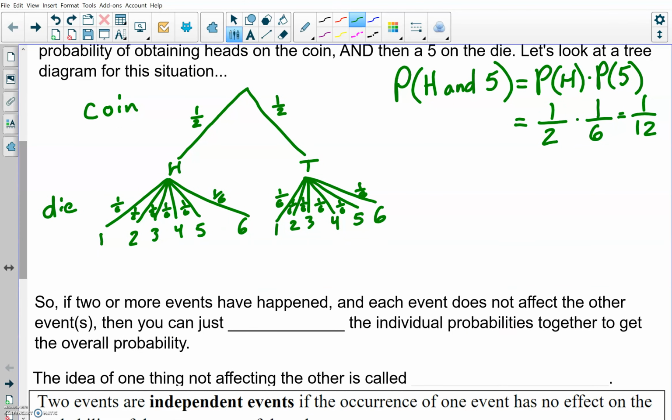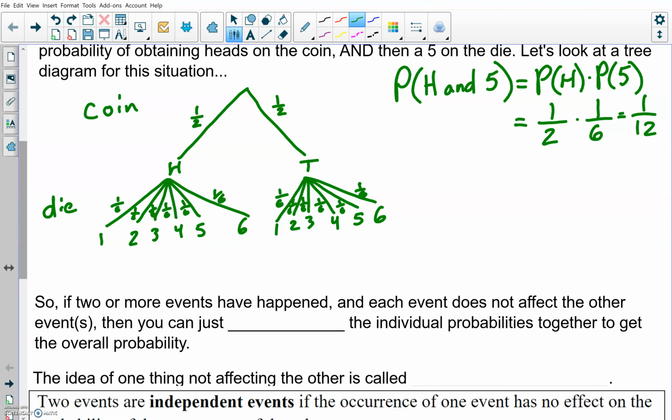Basically what we saw here is that flipping the coin and rolling a die, they don't affect each other. When you flip the coin, it's not going to change your outcome of what you got on a die. There's no interrelation there between the two events. So if two or more events happen, each event does not affect the others.